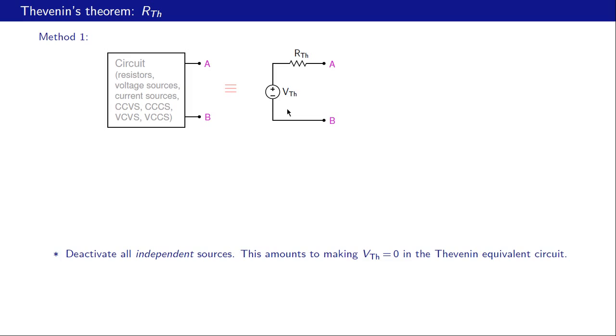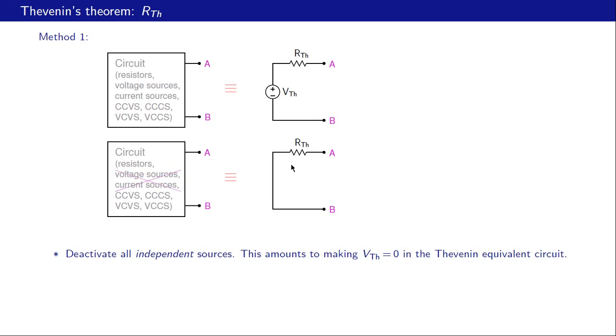And in the Thevenin equivalent circuit, the only independent source is this voltage source here, and when we deactivate that, we replace that with a short circuit like that. And what we see then between A and B is simply the Thevenin resistance RTH.